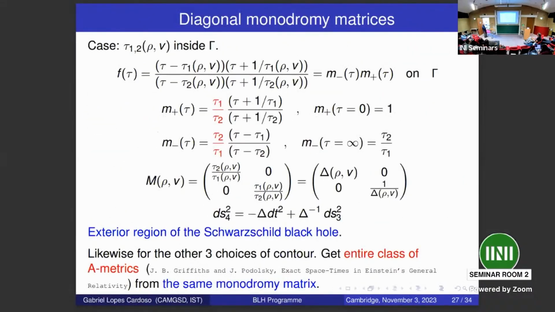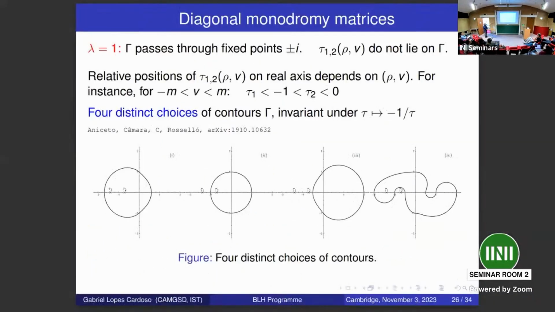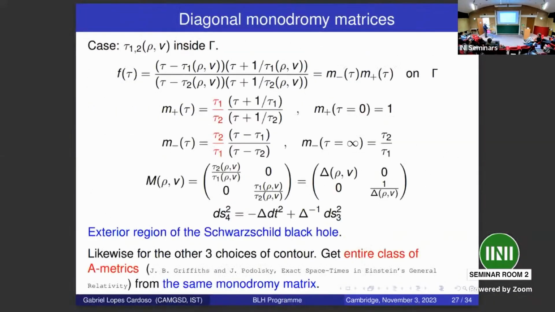How do you do that? So here is the f. As I said, you want to factorize it into an M minus and an M plus. The M minus has to be analytic and bounded outside, and so its inverse also has to be analytic and bounded outside. Now we took tau 1 and tau 2, who lie inside of the contour. So that means that out of these 4 factors you see here, you pick these 2, and they will comprise the M minus.